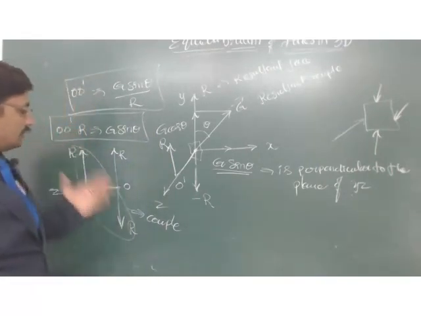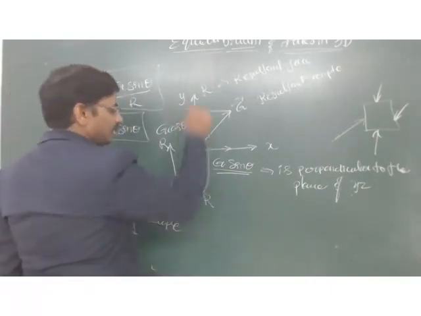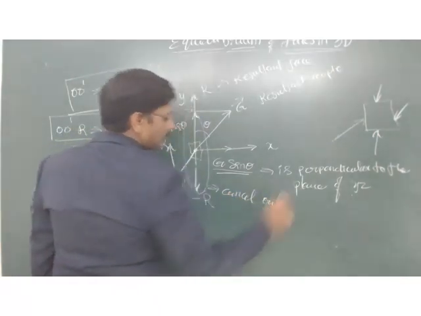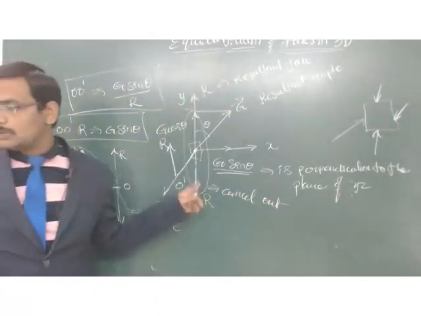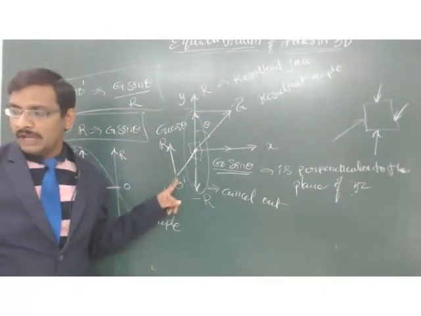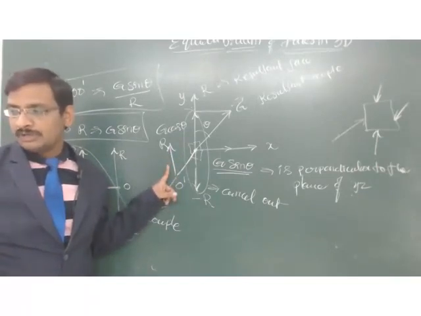So if I draw this particular situation, I can say that this r and minus r will cancel out. If r and minus r cancel out, then I am left with only one force which is acting at O dash, and that force magnitude is r. Got it?